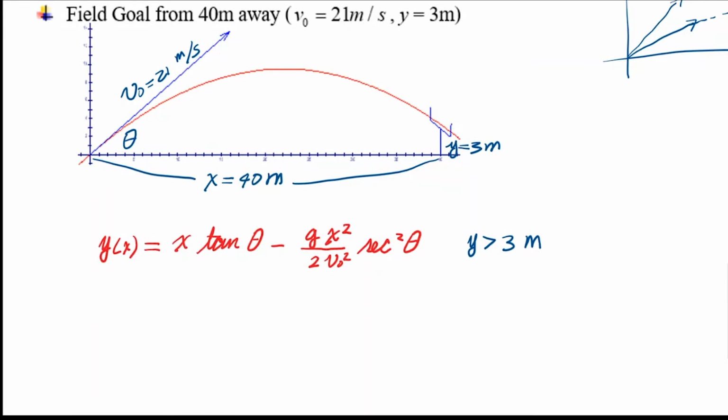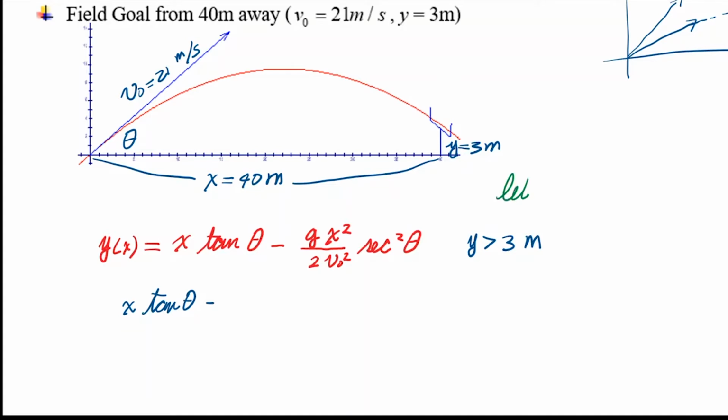Okay, so let's do it. x is equal to 40, but we'll just keep it as x. So x tangent theta minus u. This is an ugly term, right? Somebody have the calculator.